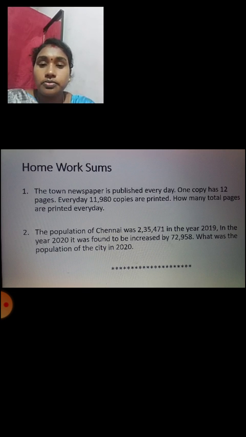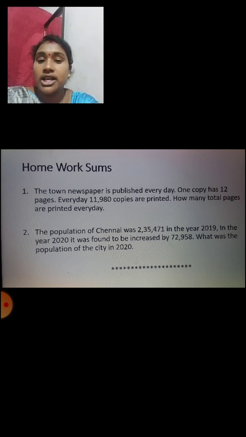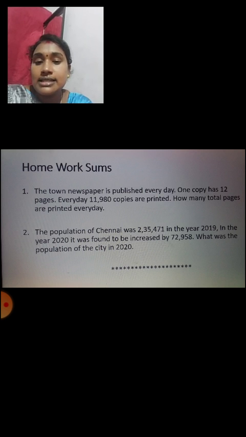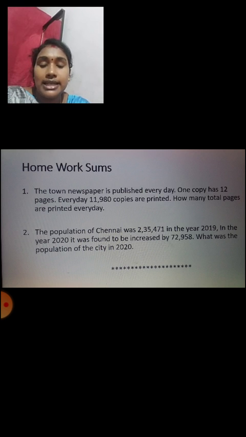So the population of Chennai was 2,35,471 in the last year, and in this year it is found that the population is increased, that is it has been increased in amount by 72,958. So what will be the population of the city? So always when the word increased comes, it should be added.